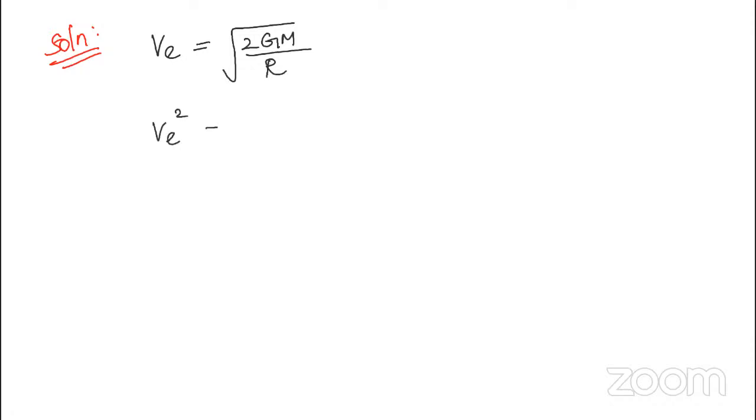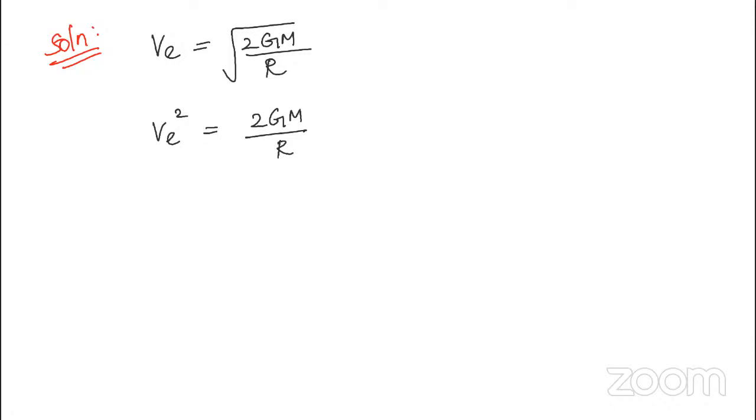So for the solution of this problem, VE is equal to square root of 2GM divided by R. So we need the R value. VE square is equal to 2GM by R, since the square root and the square cancel.